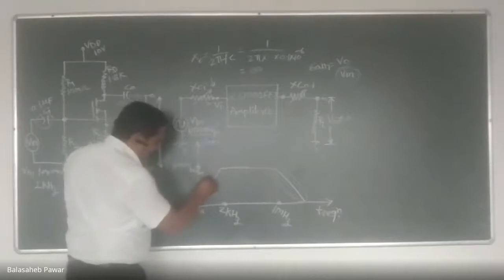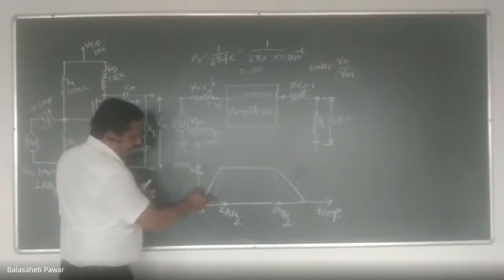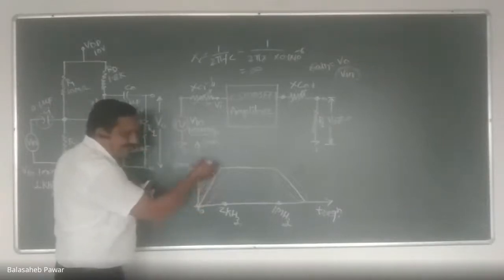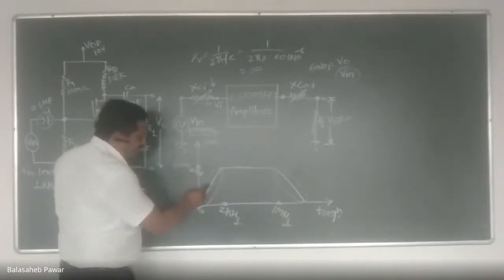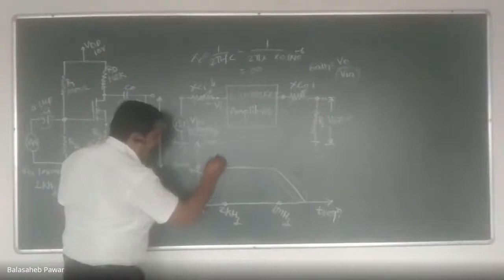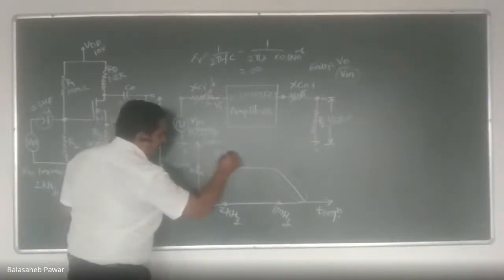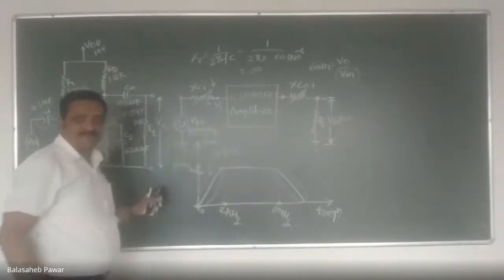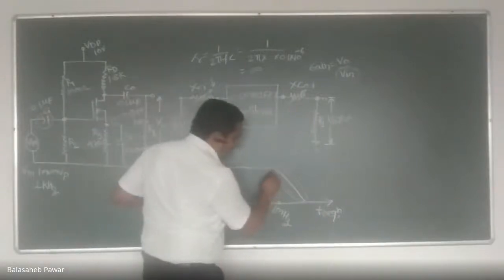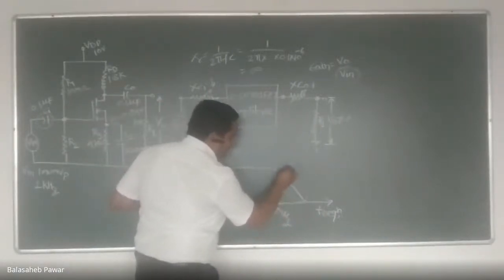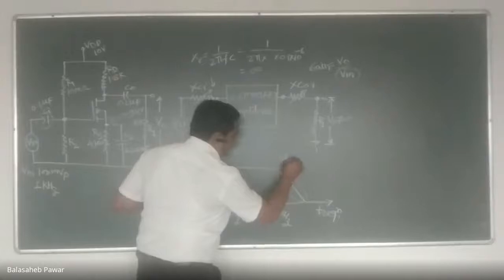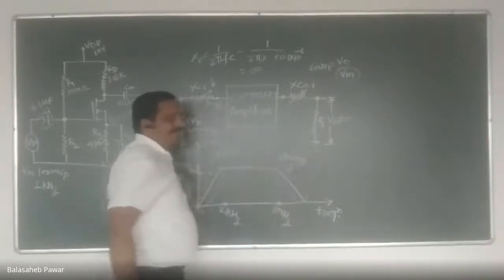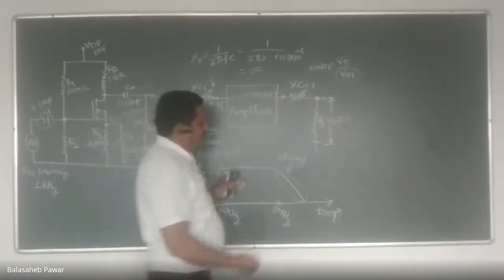At low frequency, whatever reduction in gain we are getting occurs due to which capacitor? Ci and Co. At high frequency, whatever reduction in gain occurs, it is due to stray capacitances, also known as internal capacitances of that transistor.